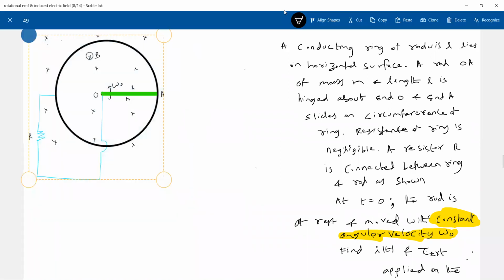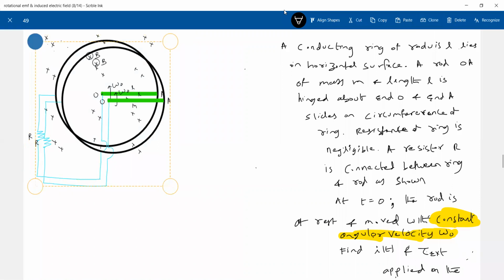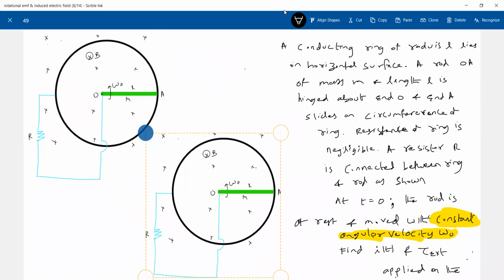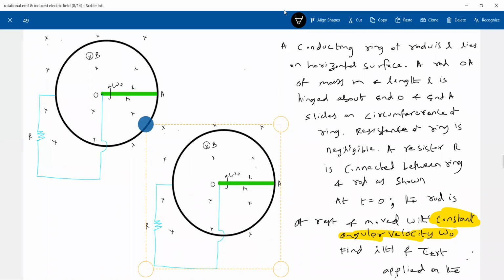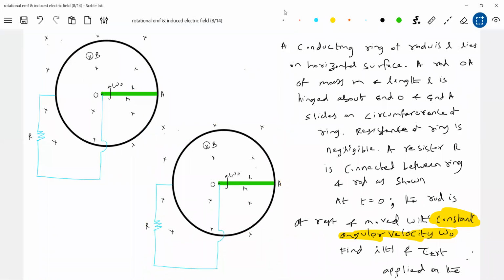The initial diagram. Now come to this. So the angular velocity should be maintained. How will the induced torque act? The induced torque will act in this direction, because the current will flow like this.